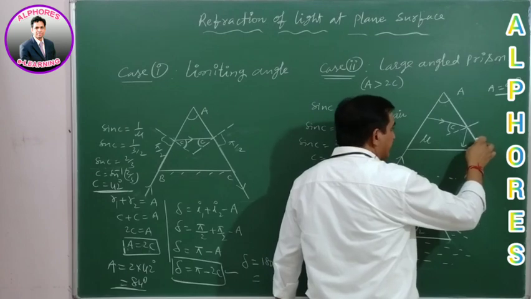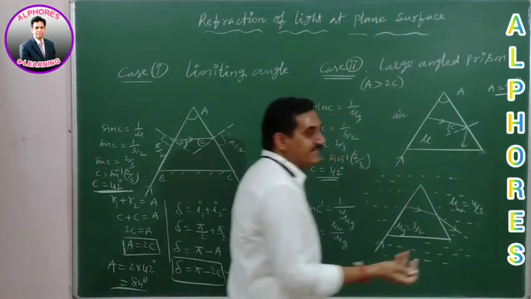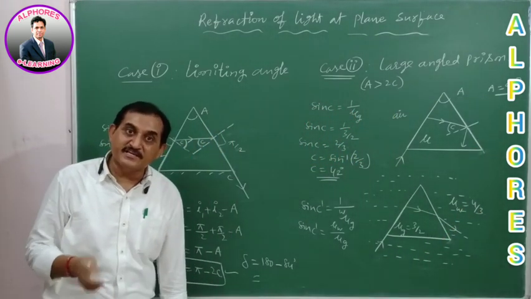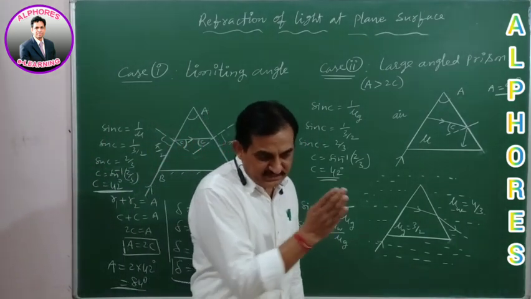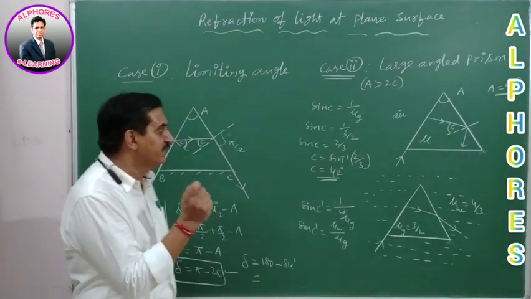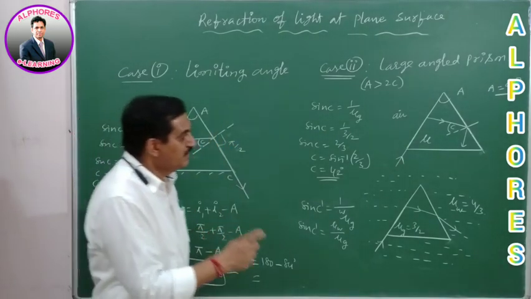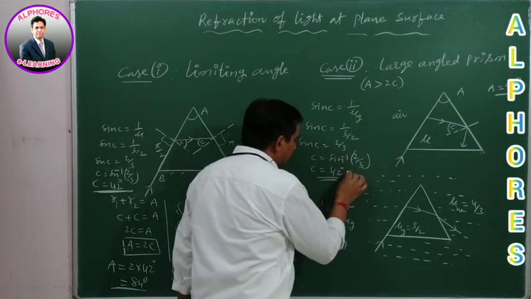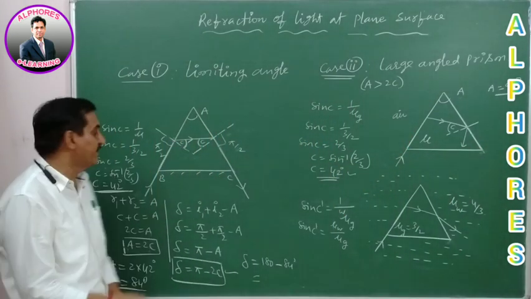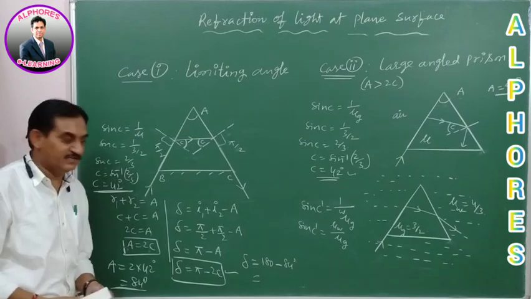Beyond this is the limiting condition. Beyond that, TIR takes place. Means TIR is taken into account from the limiting case, that is from grazing, the next angle. Whatever small angle is increased, then definitely it will undergo TIR. Here the critical angle is calculated, 42 degree.